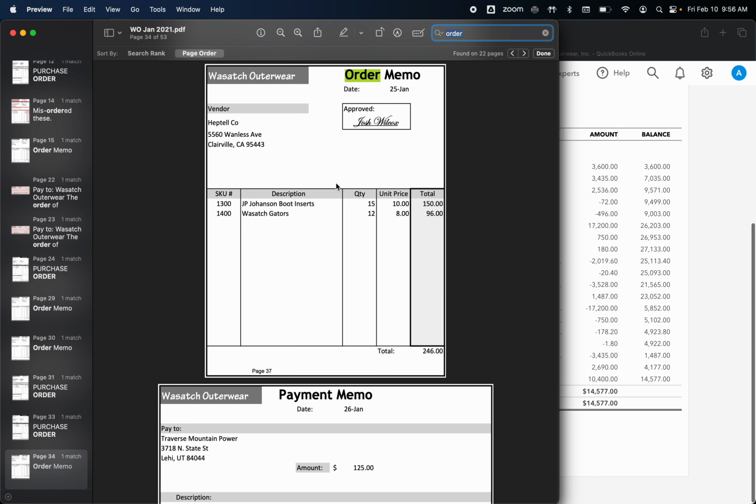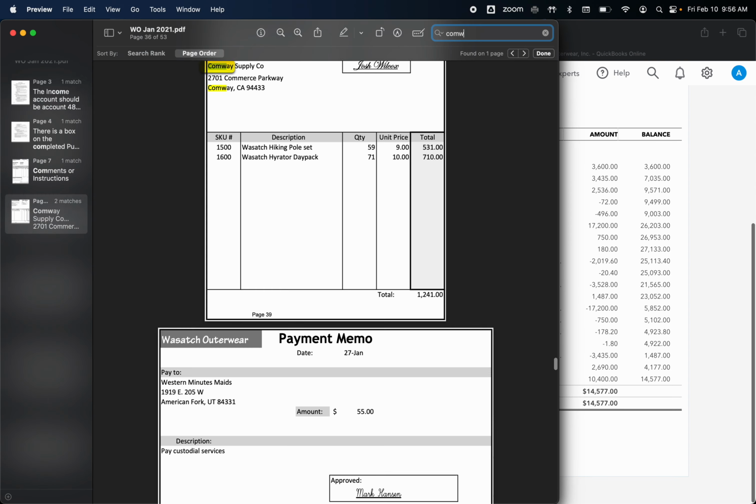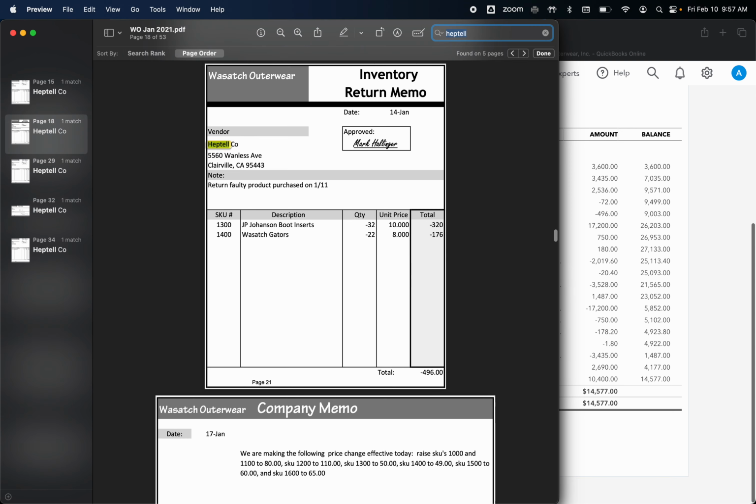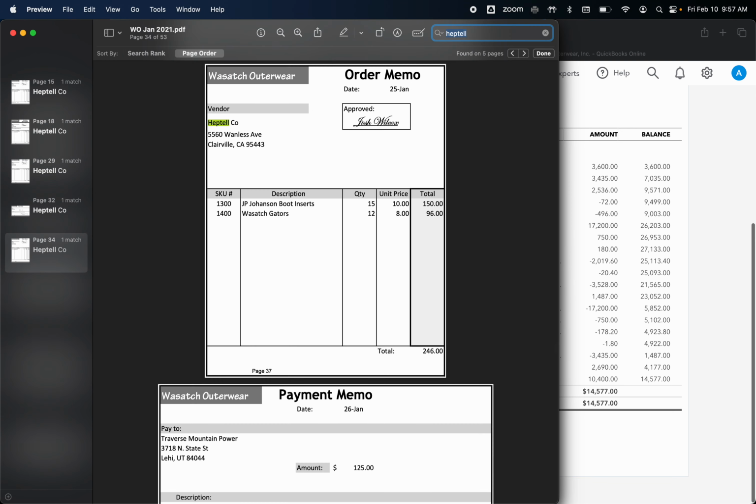So you're missing this Heptel one and the Conway. So Conway 1241 plus the Heptel for 246. So you're missing this one in January 25th, 246, and the Conway Supply for 1241.